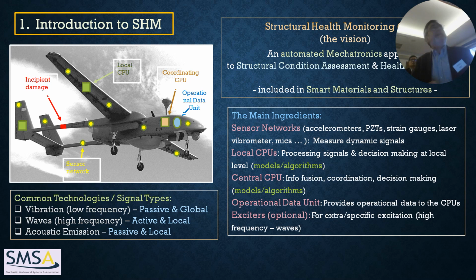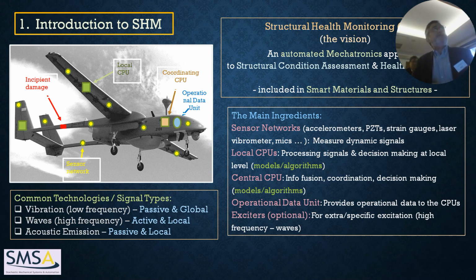So what is the idea here? The idea is very simple. Basically, we're talking about a mechatronic application, a mechatronic system. What you have is sensors. So you put sensors on a structure. These sensors can be, for instance, accelerometers, PZTs, strain gauges, maybe different types of sensors depending on the case.